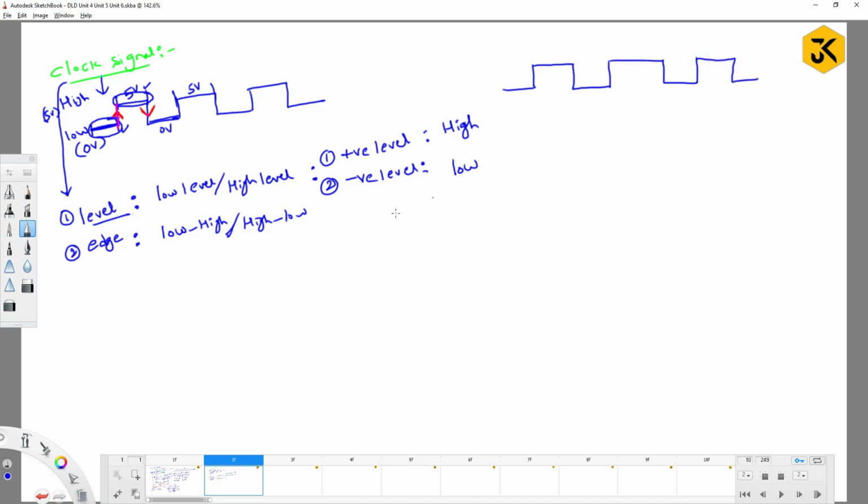Observe. If I say this one is a positive level clock signal, then I can represent this as a negative level clock signal. The meaning is, if your input is at this particular location and it is a positive level clock signal, then only something is going to happen. In all the remaining cases, the input, whatever is there, is going to stay the same.